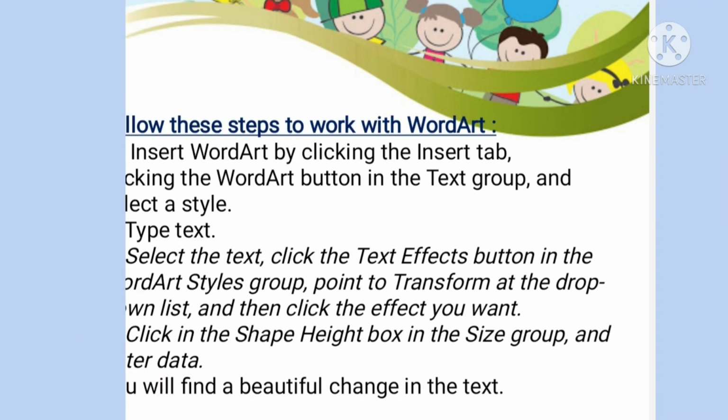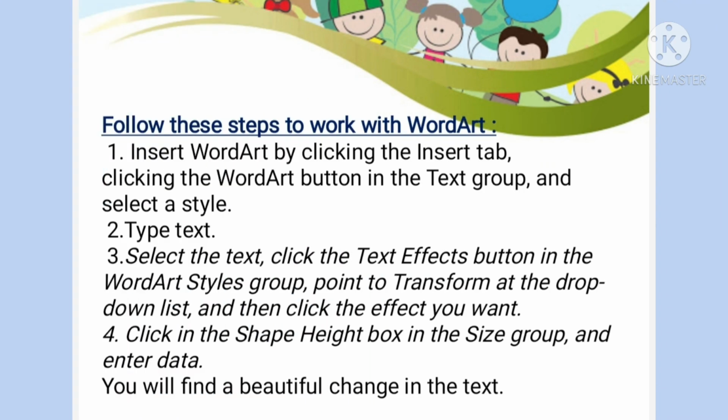Let us follow the steps to use word art. First, insert the word art by clicking the Insert tab. Click the Word Art button in the Text group and select a style. Second, type text. Third, select the text.